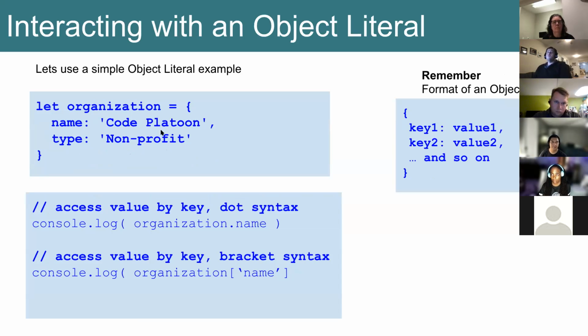Okay, so interacting with an object literal, simple example here. Code Platoon is a nonprofit. We can access the value by key and dot syntax, and we can also do it in bracket syntax.